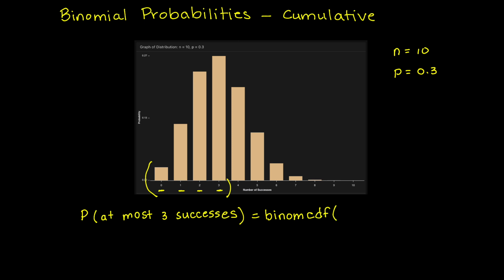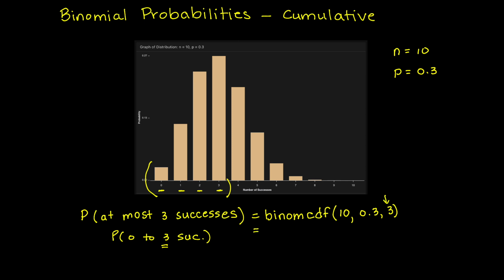I put in the value of n, which is 10, the value of p, which is 0.3, and then the maximum number of successes, in this case 3. So what I'm calculating here is the probability of 0 to 3 successes, and it's always this maximum number that we put here.